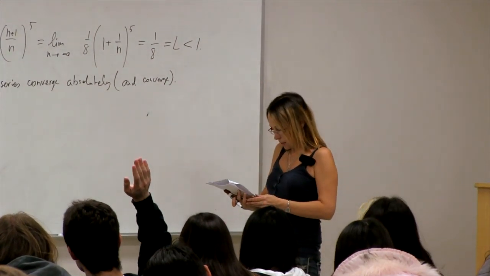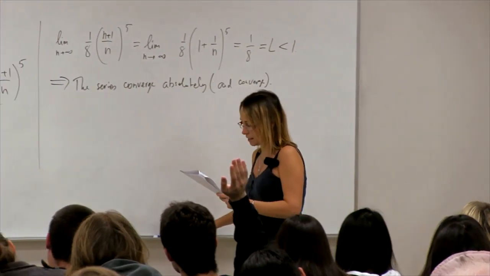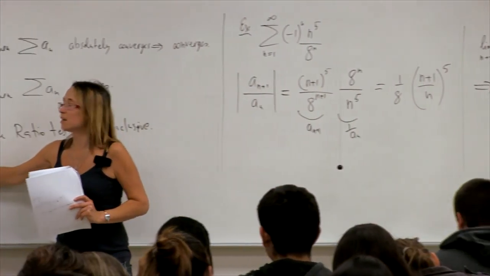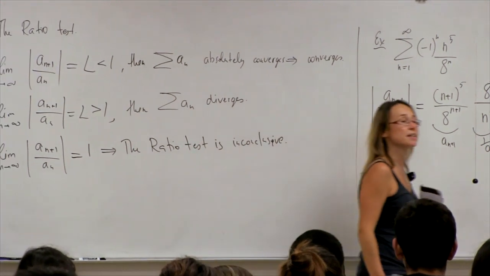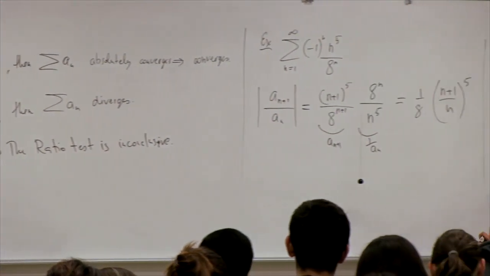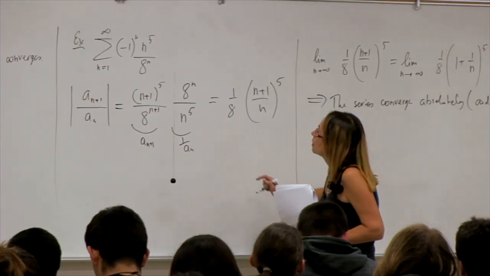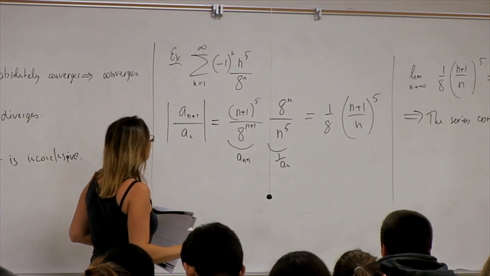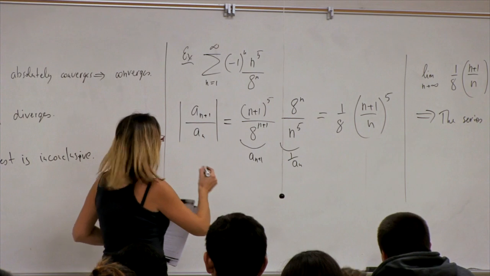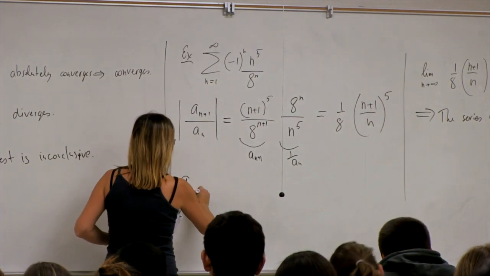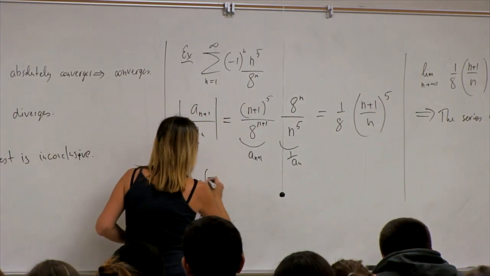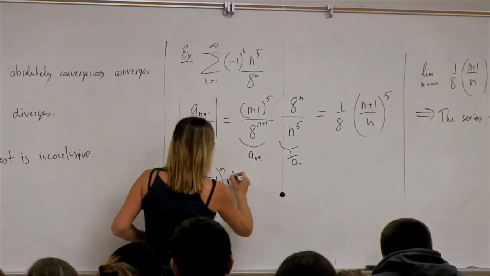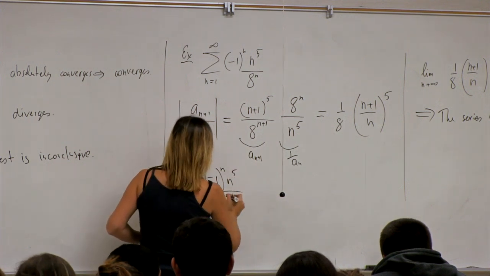What is my other example? Let me show you an example where we have this indecisive case. Yes, question? When it says a_{n+1}, it doesn't actually have to mean that it's the next term, it's just some a_n? It is the next term. What is a_n for this sequence? It's (-1) to the n, n to the 5, over 8 to the n.